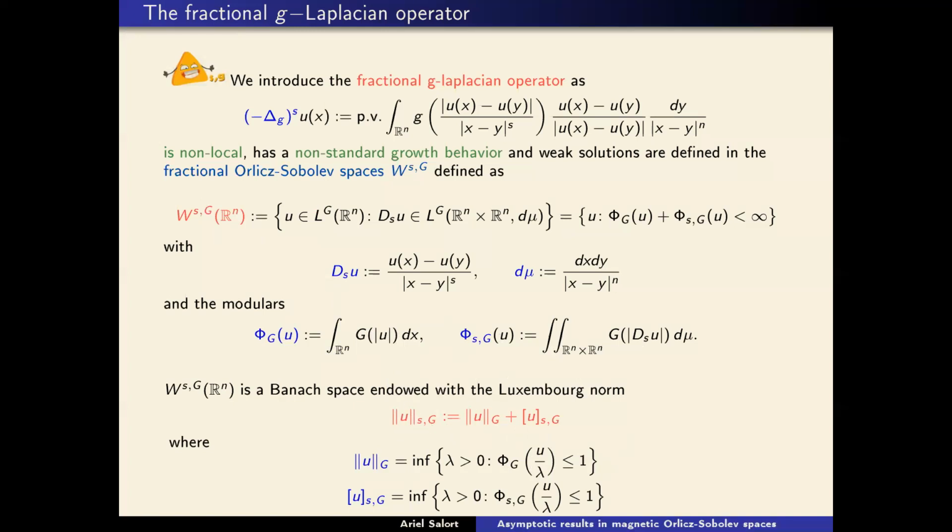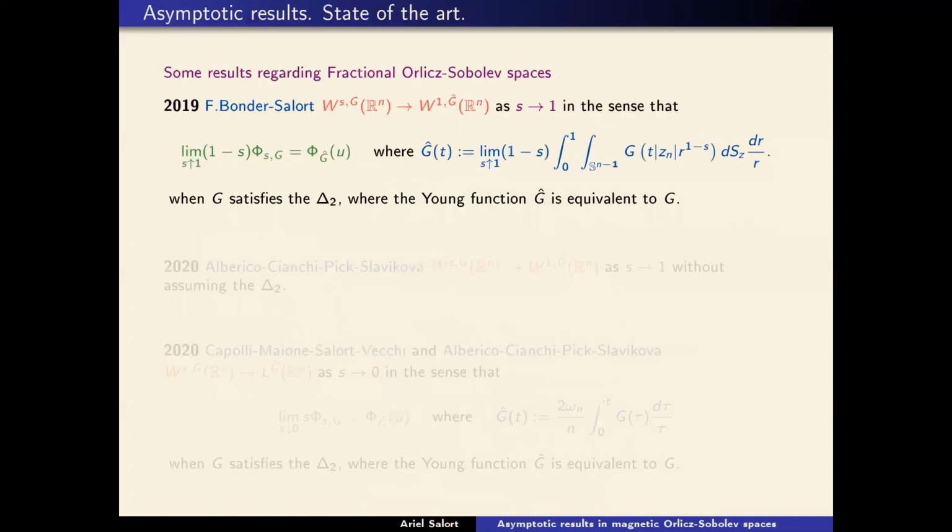So what about the behavior of these spaces when s goes to 0 or 1? In the first paper I mentioned at the beginning, we study the behavior of the space W^{s,G} when s goes to 1. We obtain that in the limit you obtain the space W^{1,G}, but not the same function as in the case of powers.